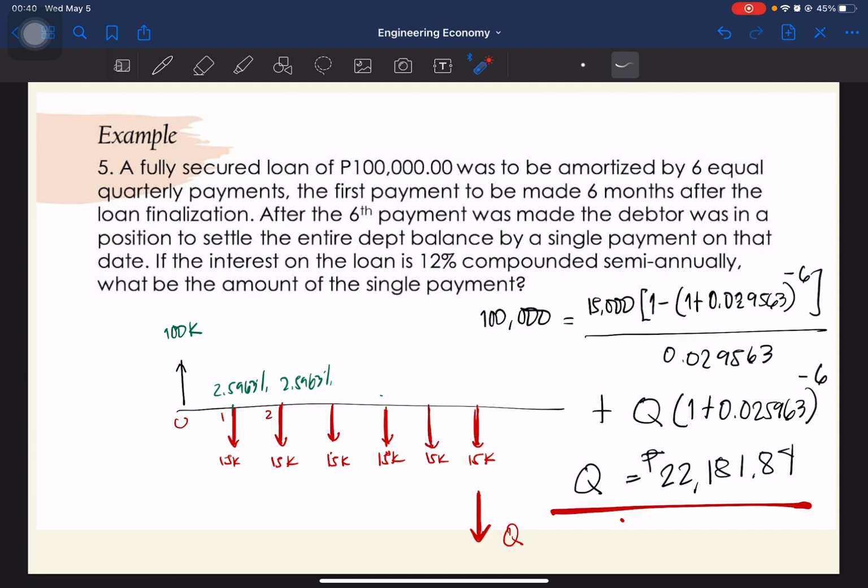Now, before we end, meron akong isang ituturo pa na technique. Actually, sa calculator ito, pero hindi din ganun ka-advisable kasi unang-una may formula ka naman. Okay? Pangalawa, ito ay pagkuha ng present worth.